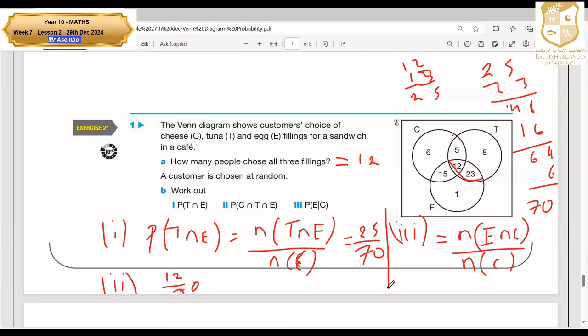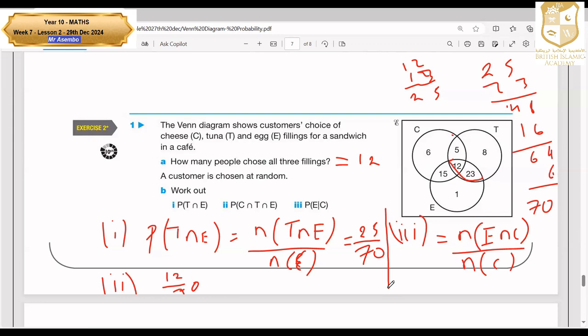So it means they are picking the customers among the customers who have already chosen the cheese. Now, if he has now chosen the egg, what is the probability of picking a customer who has picked egg, but previously he already picked cheese.